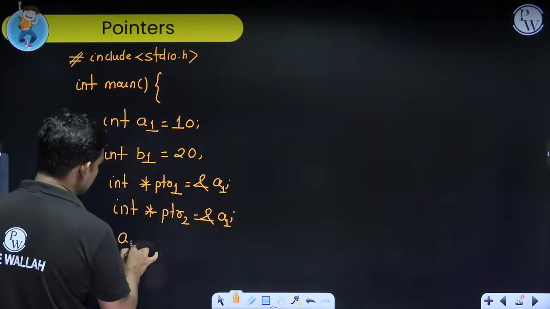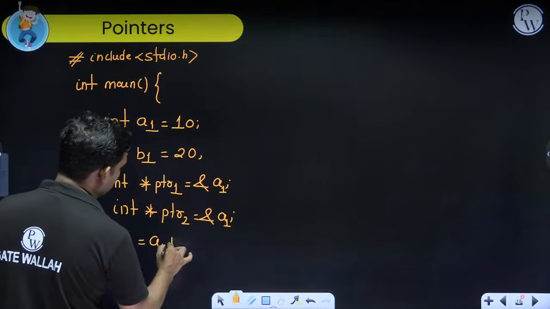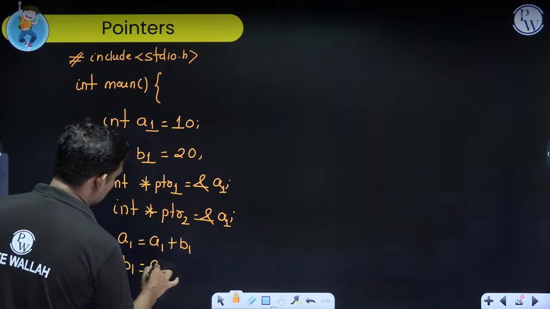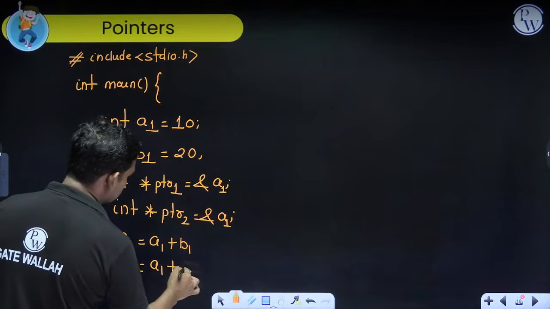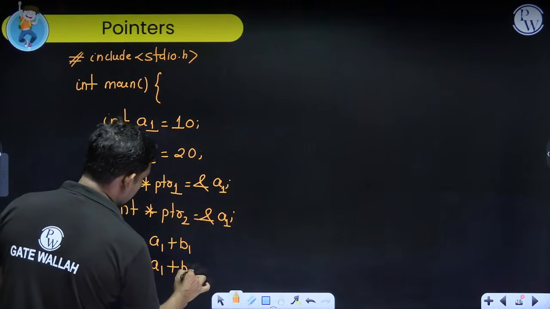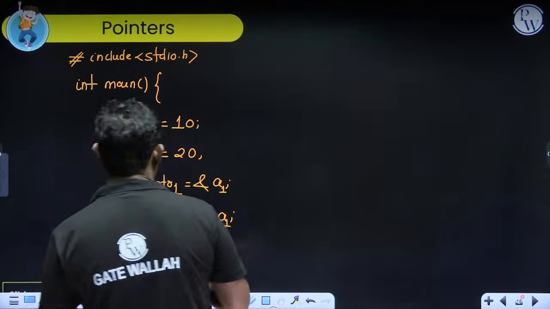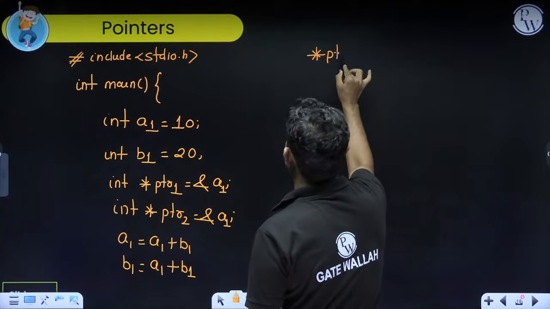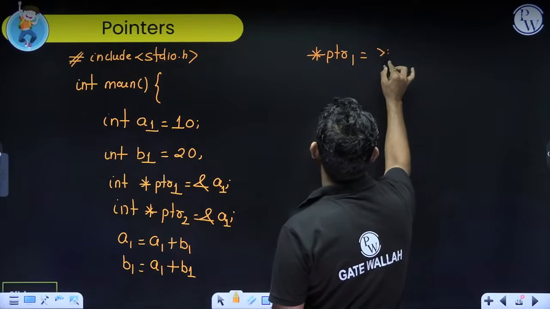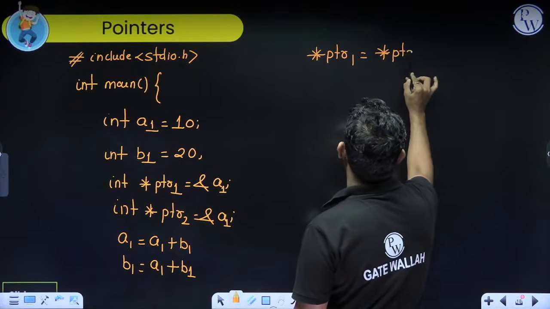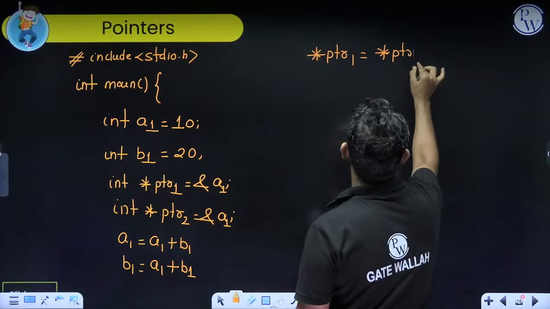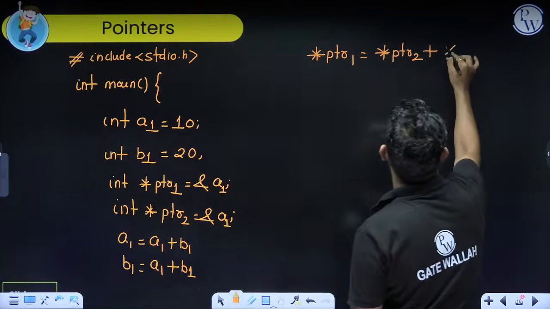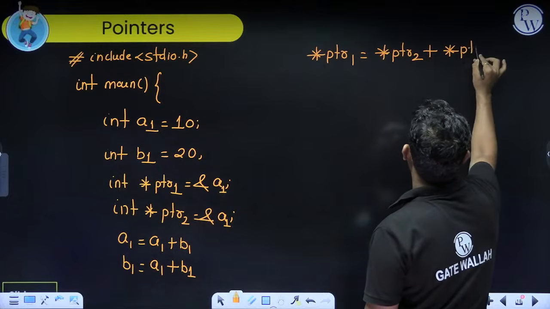Then a1 is equal to a1 plus b1. b1 is equal to a1 plus b1. Then star ptr1 is equal to star ptr2 plus star ptr1.